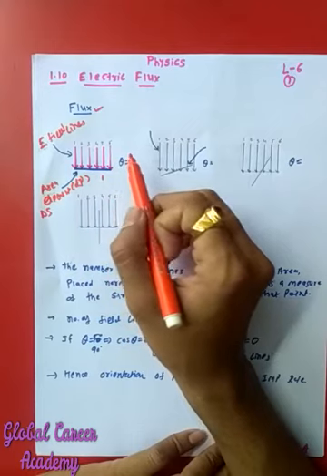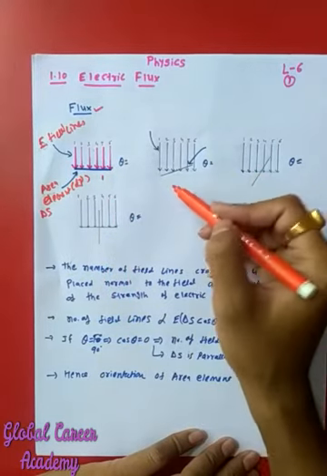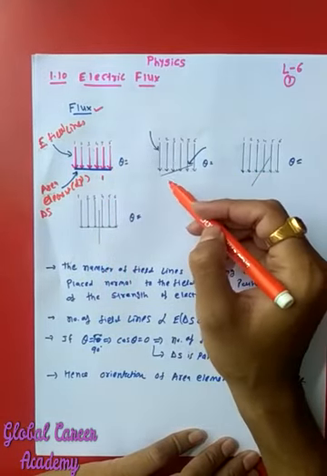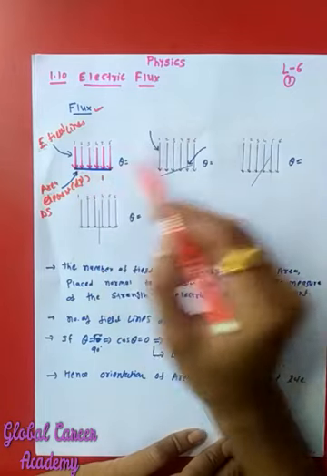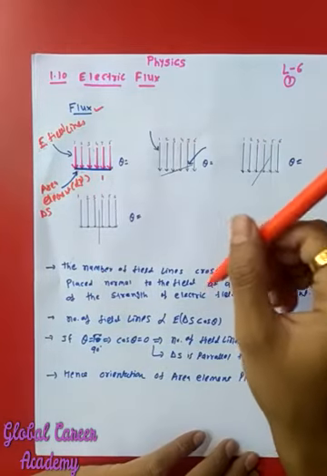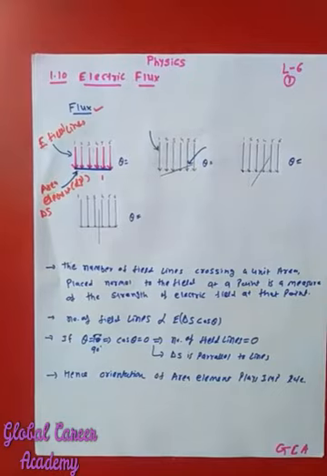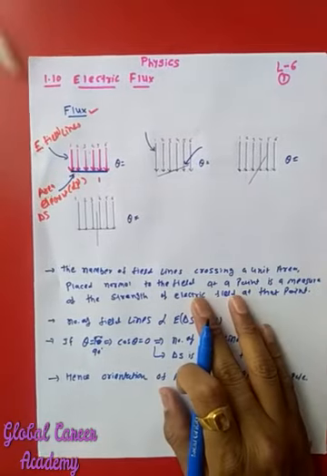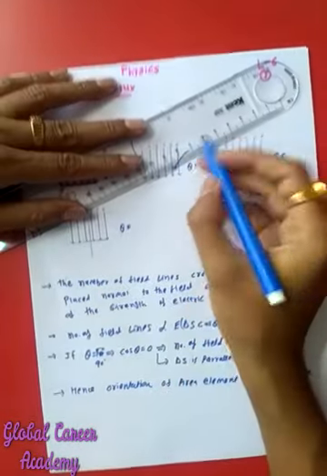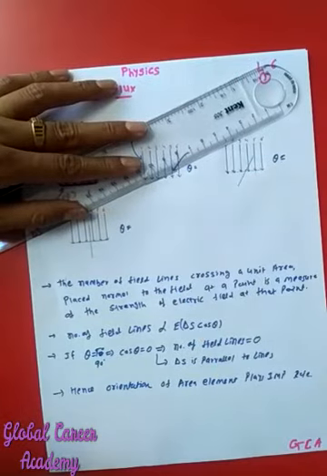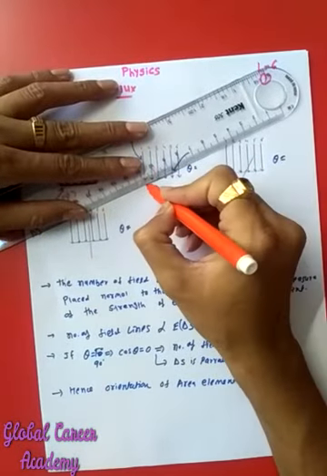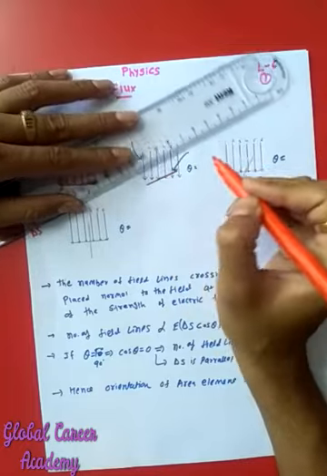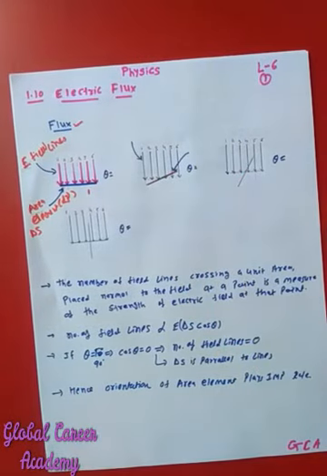So you can say that 6 lines are passing through this. Now consider the next figure, in which the area element has been slightly tilted. I'll show you how it is tilted over here. This is the electric field line, and this is the area element which is tilted.